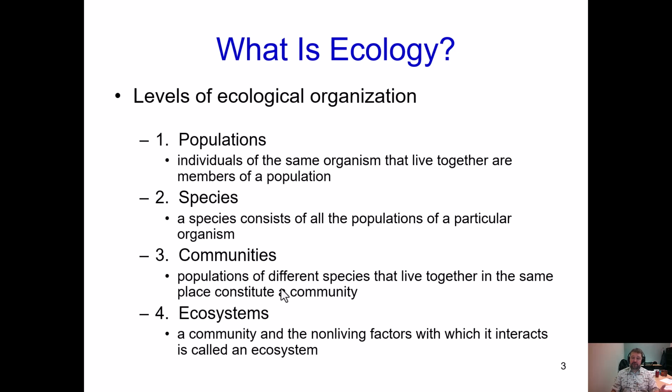So non-living is abiotic, living is biotic. And so an ecosystem is both those pieces: the biotic factors, all the organisms that live in a given environment, and the abiotic, all the physical features that might affect those organisms.